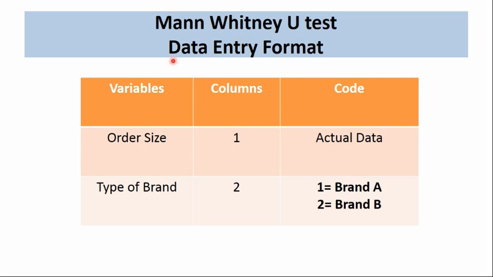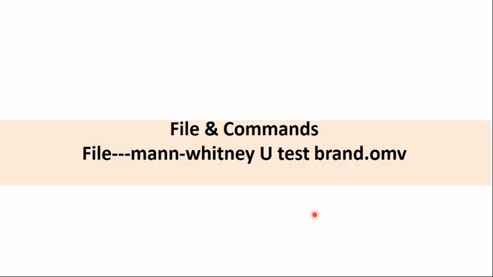Friends, if we perform this calculation with software, I am using the software Jamovi. The data entry format will be: in the first column I have written order size, and the actual data will be noted down. The type of brand is in column 2, with brand 1 given code 1 and brand 2 given code 2.